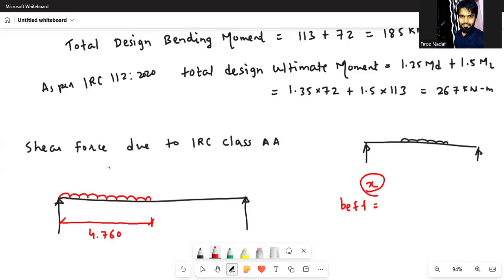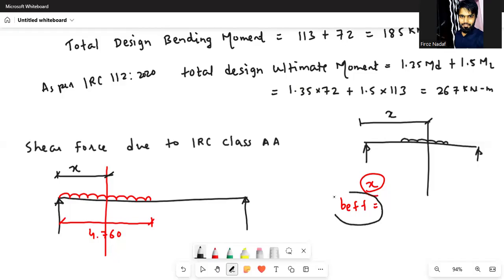In the previous case, this was your X, and in this case, this is your X. Since X is getting changed, B effective will also change and intensity of load will also change.